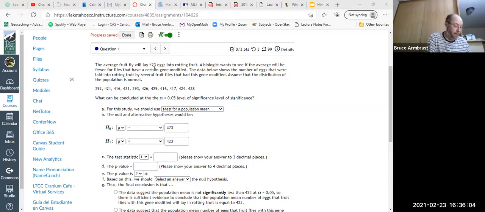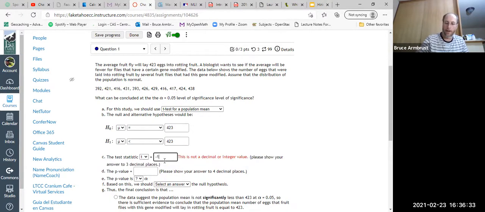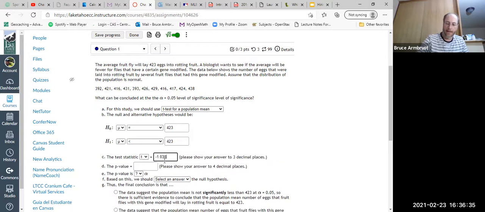So let me just get all my things. Okay, so I hit calculate. And what's lovely about this is it spits out everything. It gives you a t value. It gives you a p value. All right. So what I got when I did this, it spits out a t of minus 1.03865.